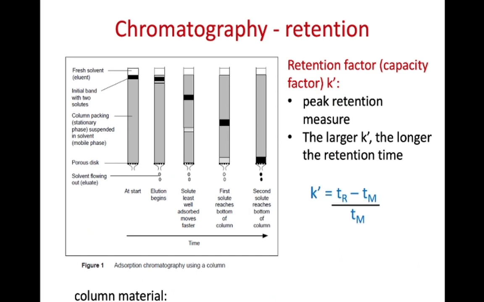K prime is represented by this equation: the retention time minus the mobile phase time, over the mobile phase time. If we have a K prime of 1 to 5, that is ideal. If we have a K prime of 20, then it's very slow, and if it's less than 1, then it's too fast. So we need something between 1 and 5.